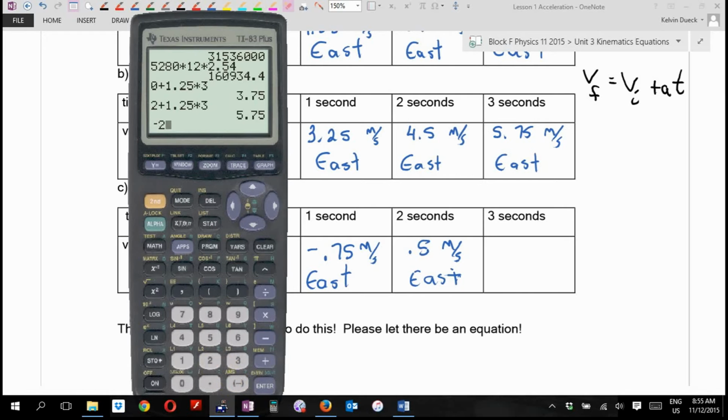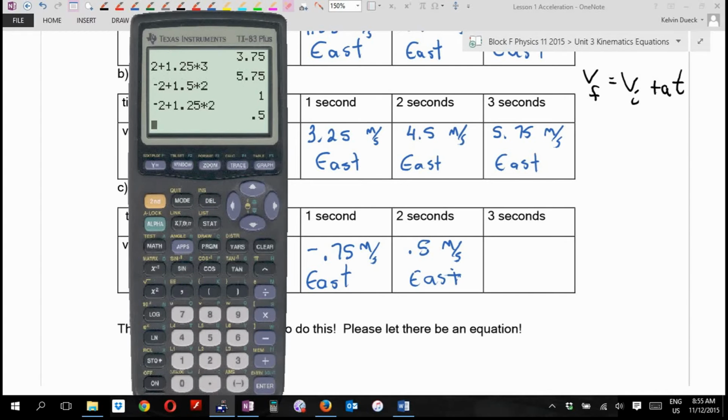My initial velocity is negative 2, plus my acceleration is positive 1.25 times 2 seconds. Whoa! Oh, it's 1.25, Mr. Dewick. I missed the 2. Sorry, that's important, typing things incorrectly.